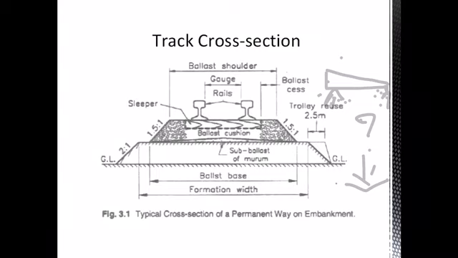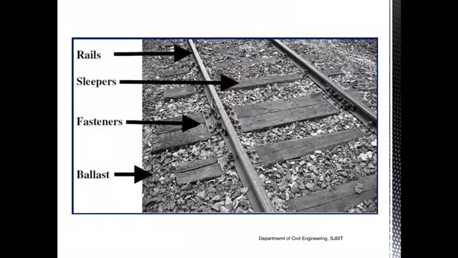The track components should be constructed keeping in view all the requirements of the various component layers, with the help of which we can achieve higher speed and better riding quality, and one more thing, with minimum maintenance. That is always required for us. So whenever you construct any track, it should require less maintenance and be properly maintained.